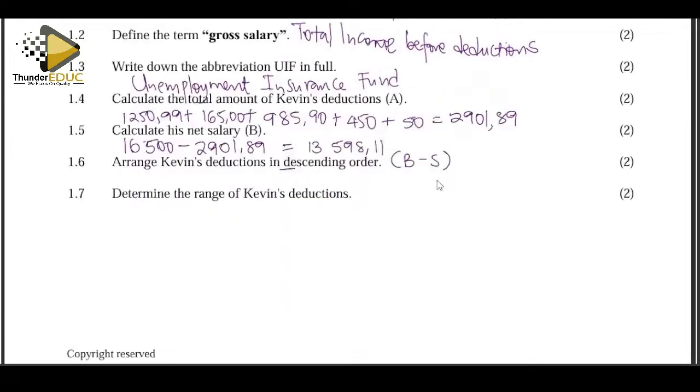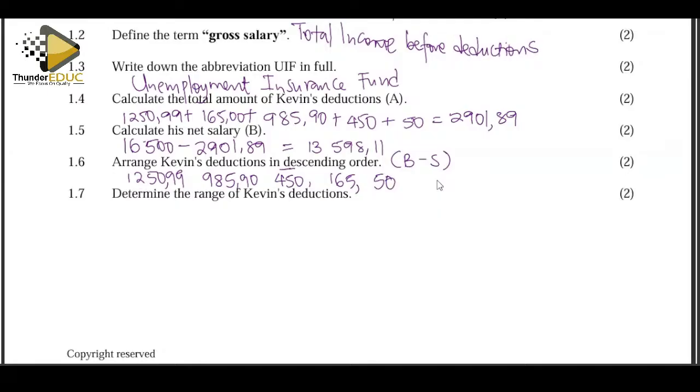So we shall start with 1,250.99, followed by 985.90 cents, followed by 450, followed by 165, and at last you have 50.